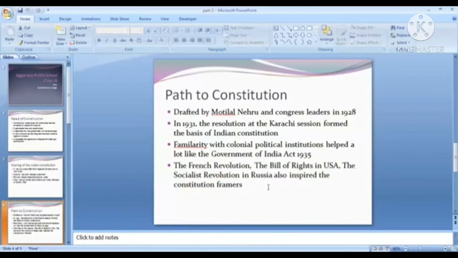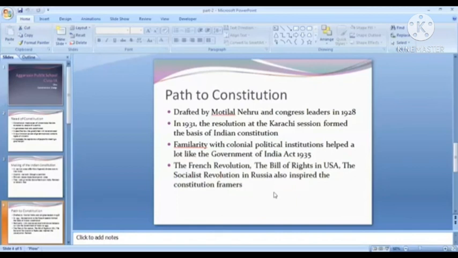The ideas of fundamental duties were derived from the constitution of Russia. And the practice of parliamentary democracy we derived from Britain. Mean the idea of parliament is derived from the constitution of Britain.